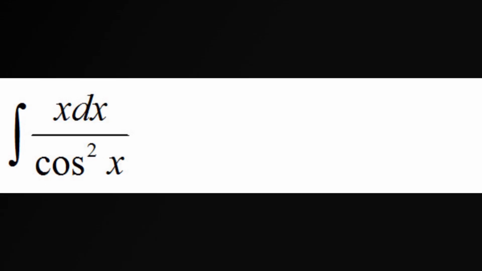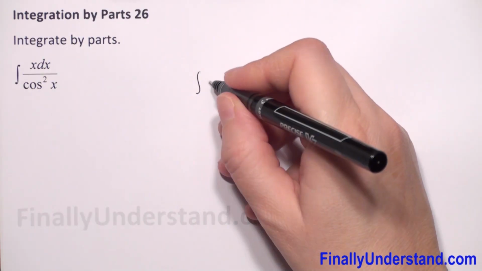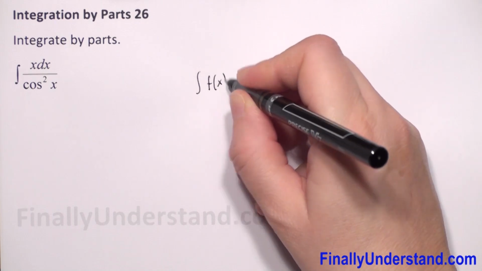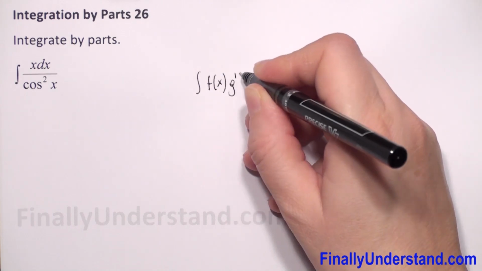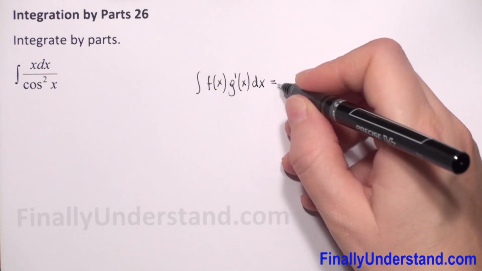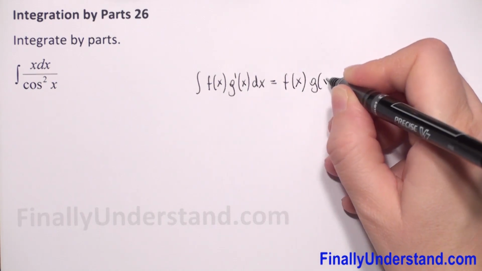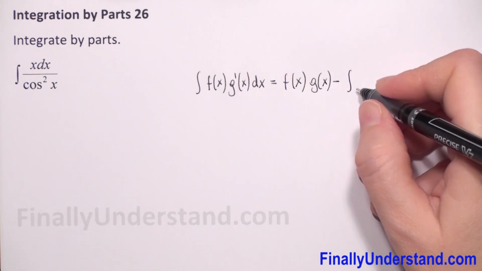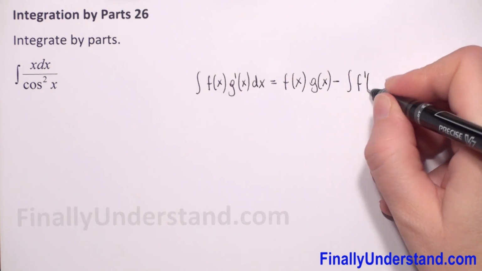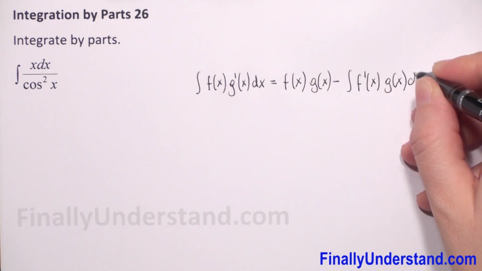First, let me remind you of the formula for integration by parts. We have the integral of f of x times g prime of x with respect to x. This is equal to f of x times g of x minus the integral of f prime of x g of x with respect to x.